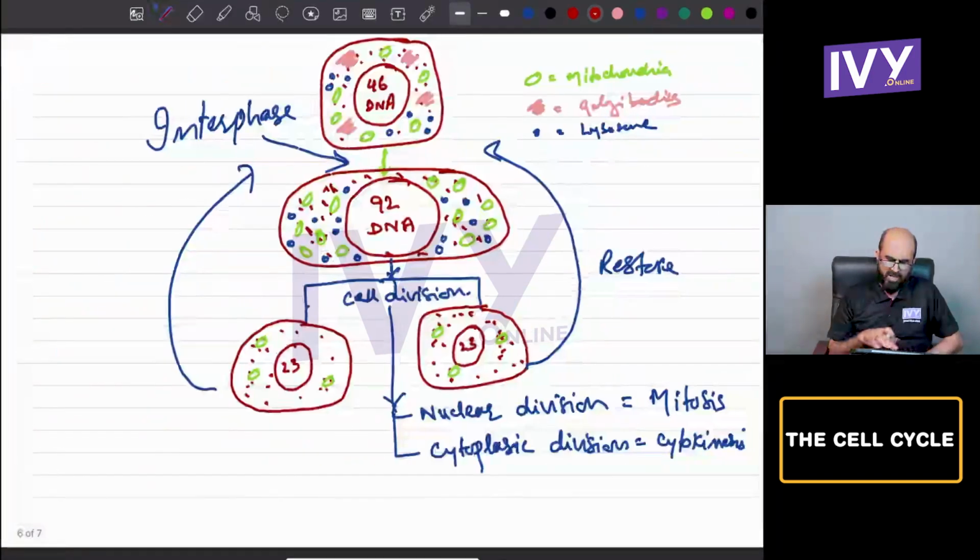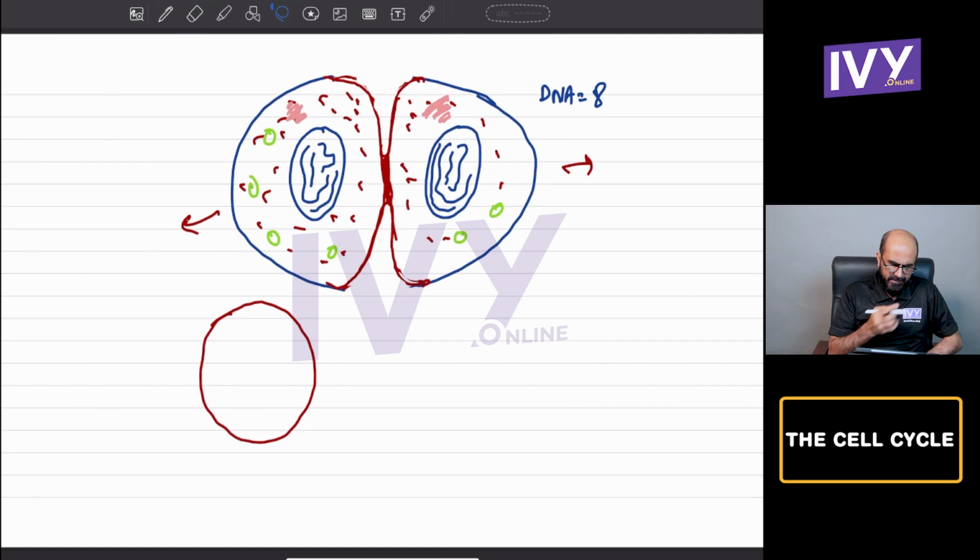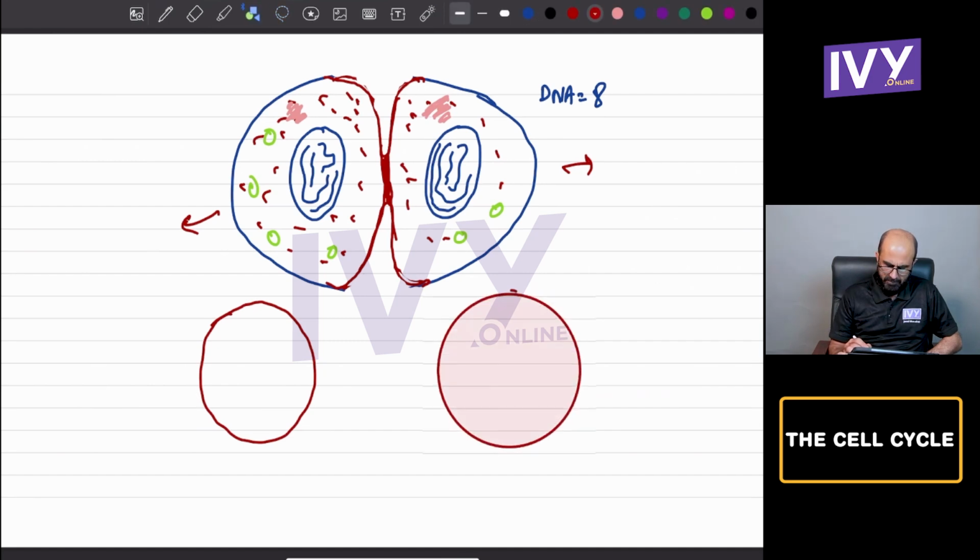So if you make the pie chart, let me make it differently. Now, in this flow chart, if we just have to divide, it's like this.